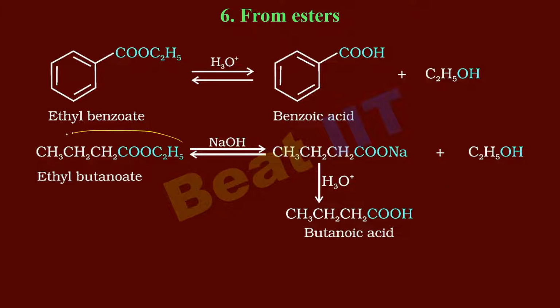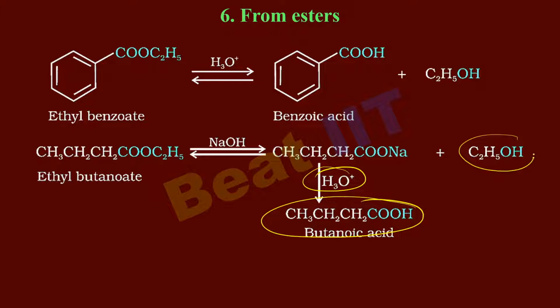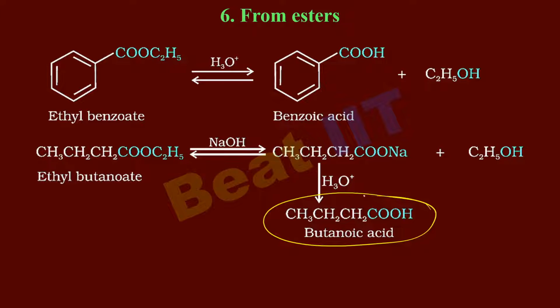But in the case of aliphatic esters, first we use a strong base to get the salt of the acid. Then on hydrolysis, that salt of the acid gives you the acid. In the first step itself, you get the alcohol, but the second step gives you the acid. That completes all the preparation methods of carboxylic acids.